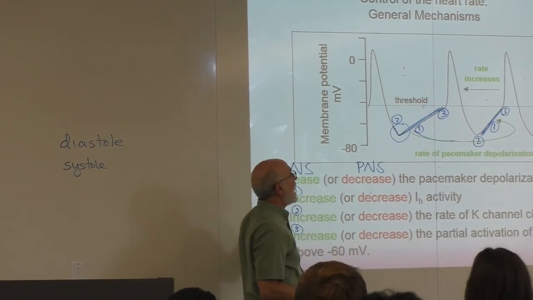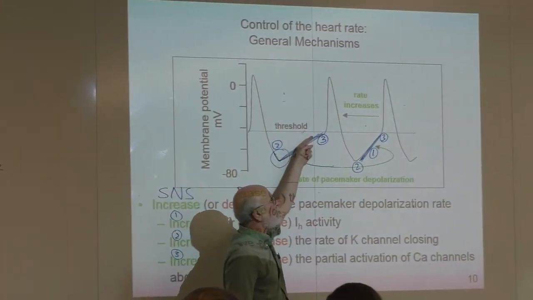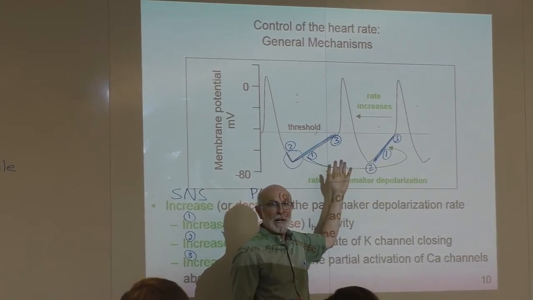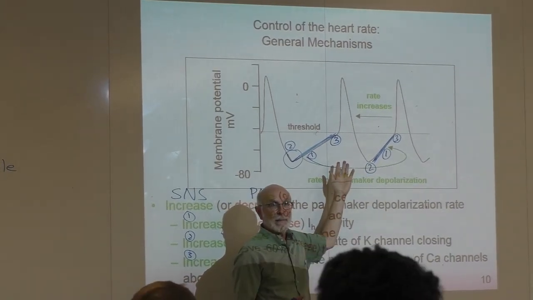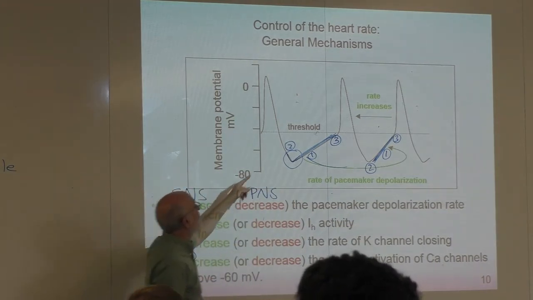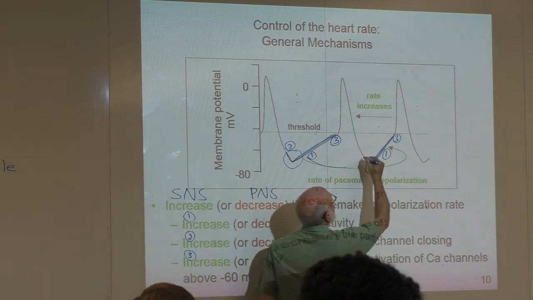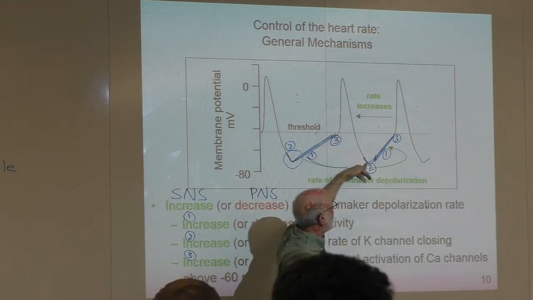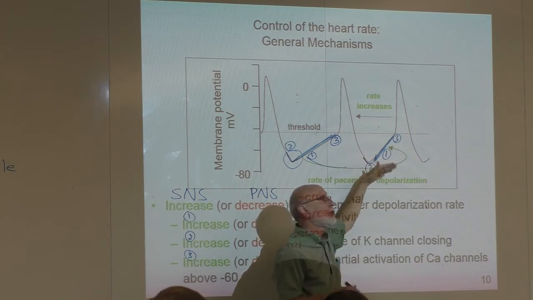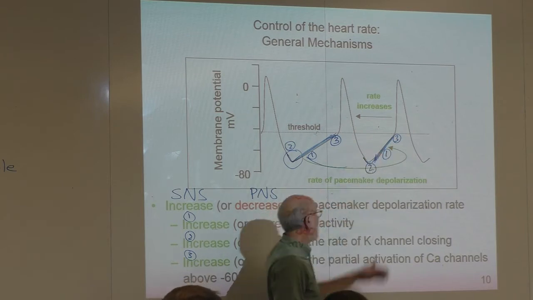If we increase the IH activity, we would steepen the slope of the ultra slow depolarization of pacemaker cells. If we increase the ability of K channels to close, we would speed the transition from repolarization to depolarization, which would also increase the rate of the ultra slow depolarization of pacemakers.